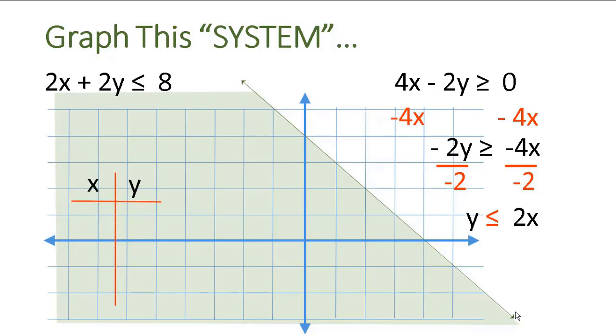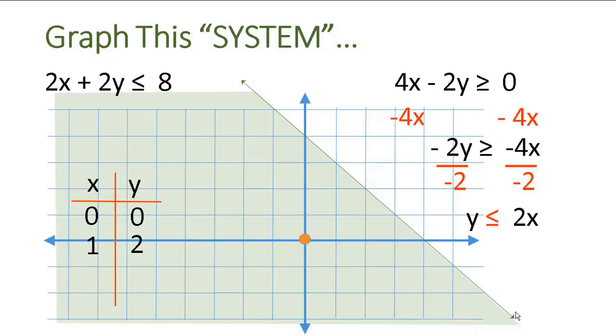Let's make a chart and put in some easy numbers. I'll put in 0, and I'm going to pretend y equals 2x, so y equals 2 times 0. 2 times 0 is 0, so let's graph the point 0, 0. Okay, and then we'll put in the number 1, and 2 times 1 is 2.